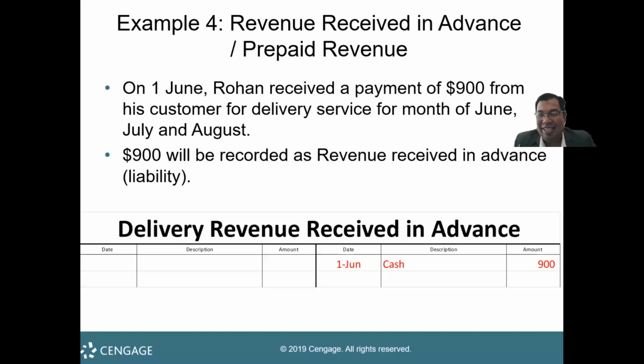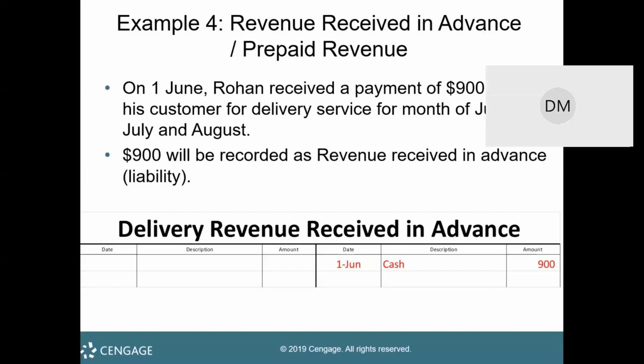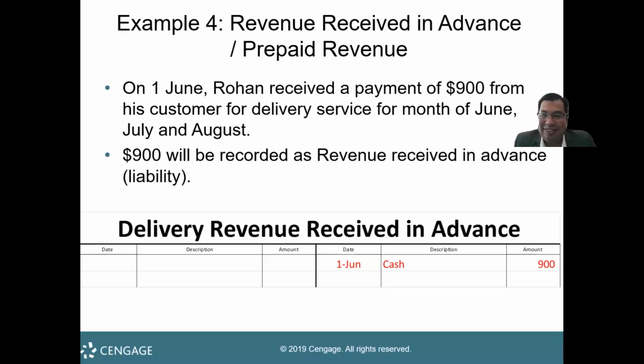The 600 will go to your balance sheet as unearned or accrued income. Does it fall under asset, liability, or equity? Assets. No. Okay, it's a liability. Correct.